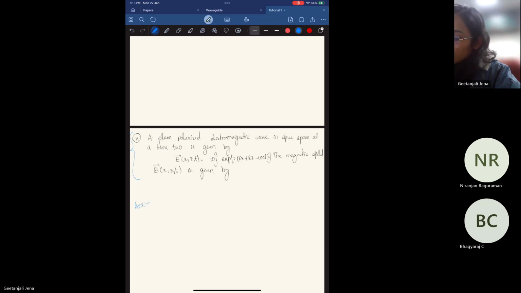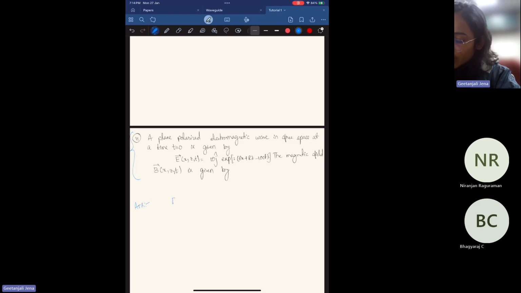Okay. So question 11 says, it's also similar, I think, to the second question. There is a plane polarized electromagnetic wave in free space at time t equal to 0.